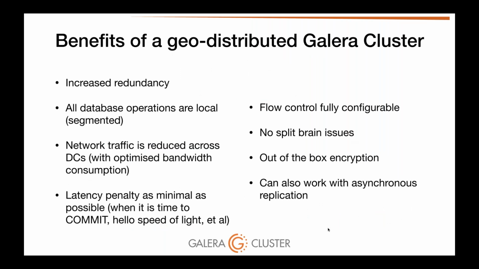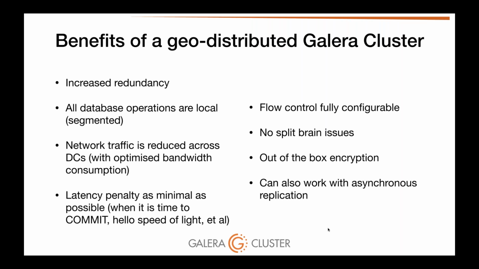And remember, the penalty for synchronizing nodes over high latency links is incurred at commit time. So there are no delays of communication between remote nodes during a transaction itself. Galera itself does not use distributed locking, so each row level lock does not have to be communicated across data centers.